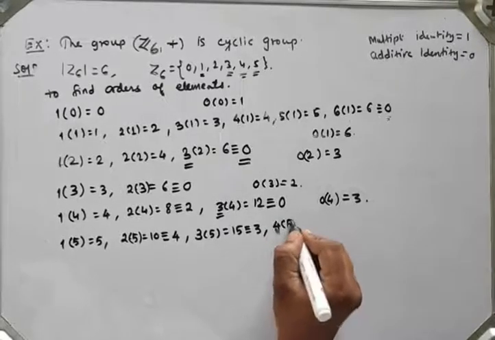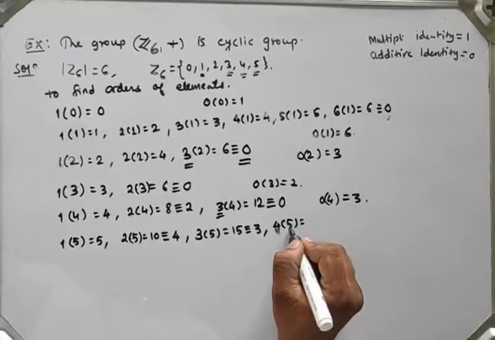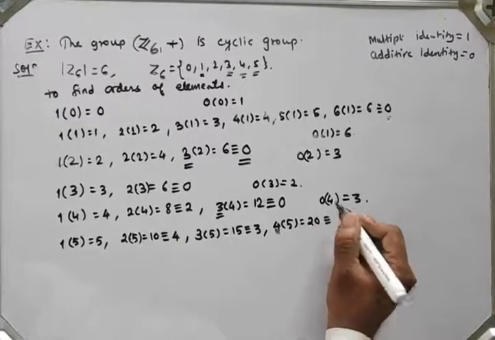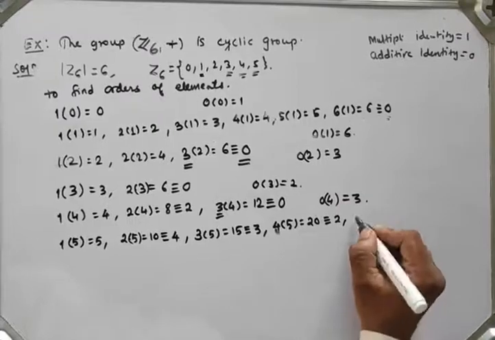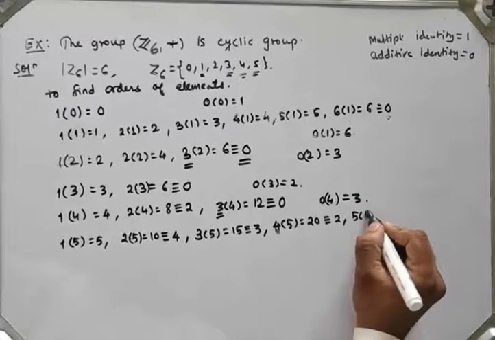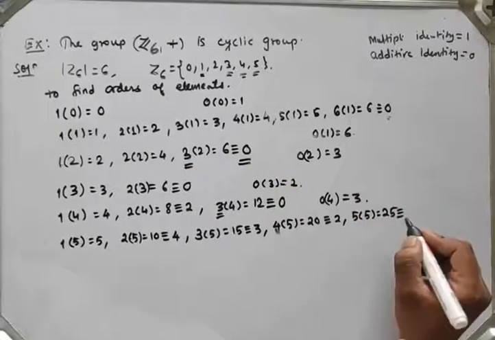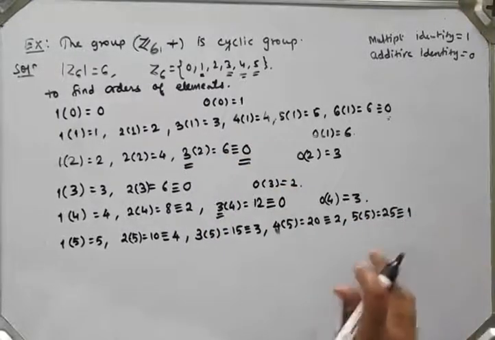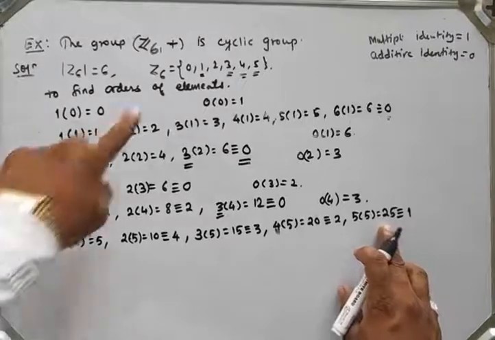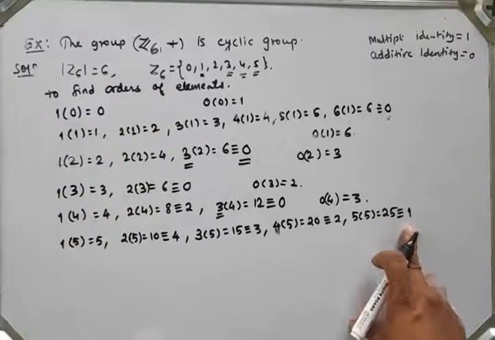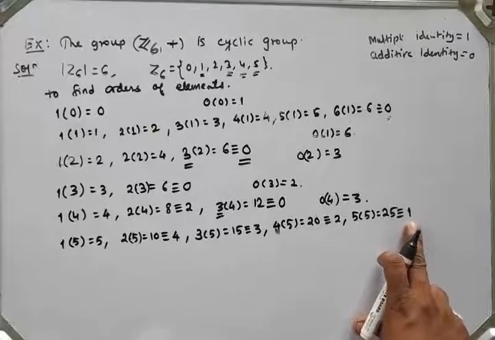Next 4 into 5, means addition of 5 four times, which is 20, congruent modulo 6 to 2. Next 5 into 5, which is 25, and modulo 6, what will I get? 1, because if I divide by 6, 6 into 4 is 24, and the remainder will be 1.